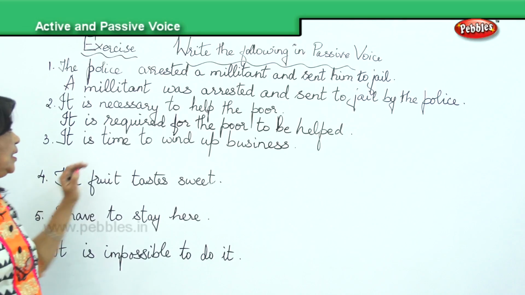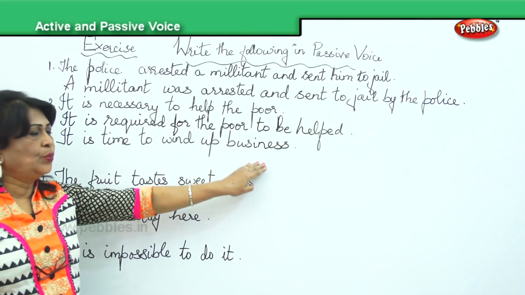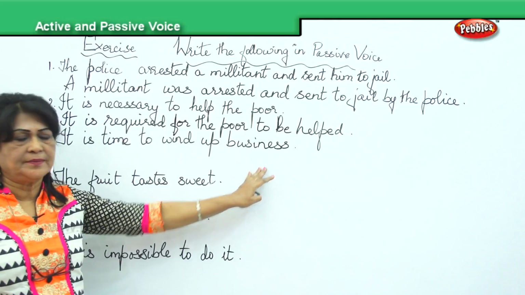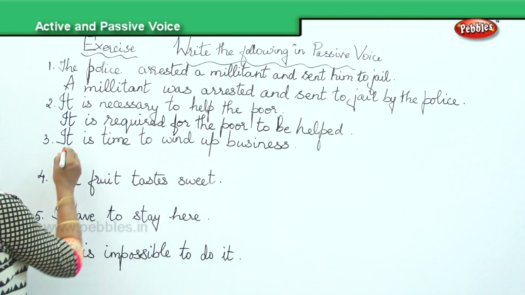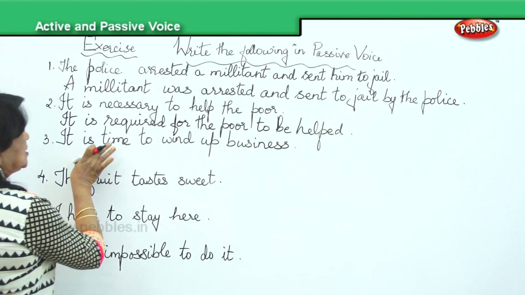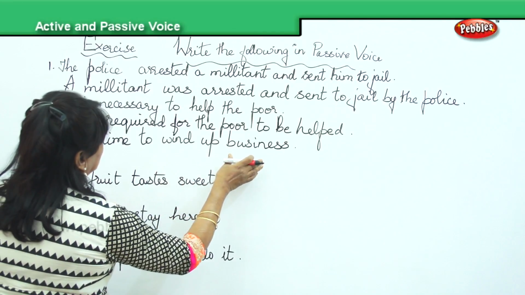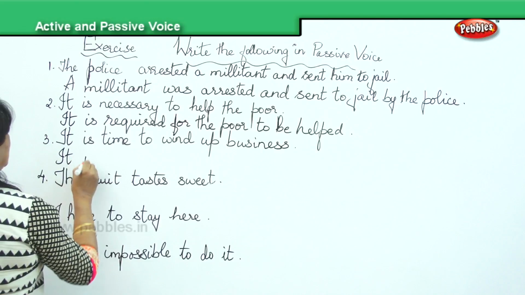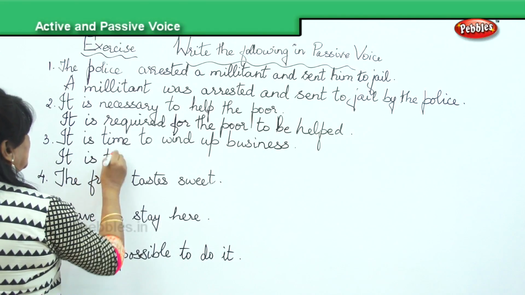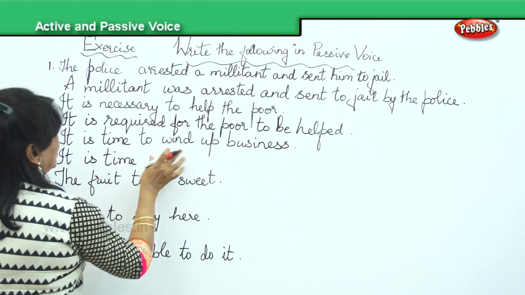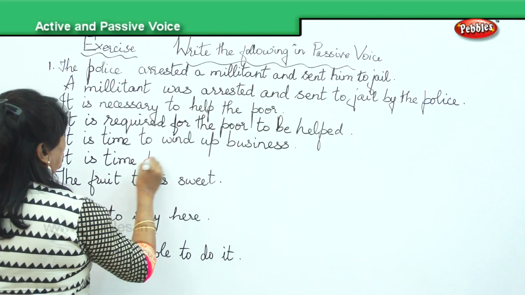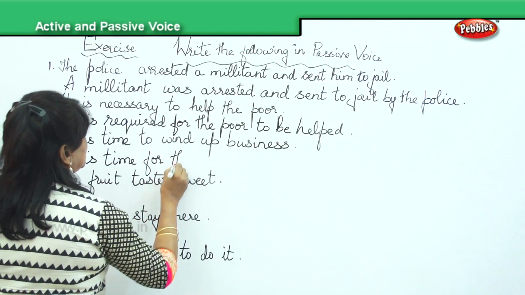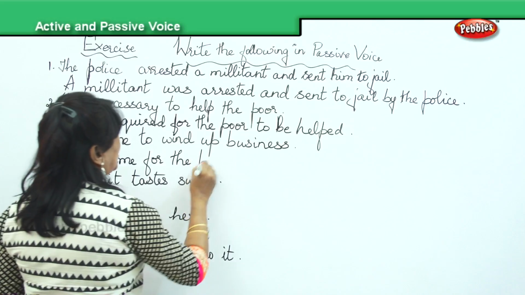Next one. It is time to wind up business. Okay. How would you write that? It is time, it comes just like that, to wind up business, for the business to be wound up.